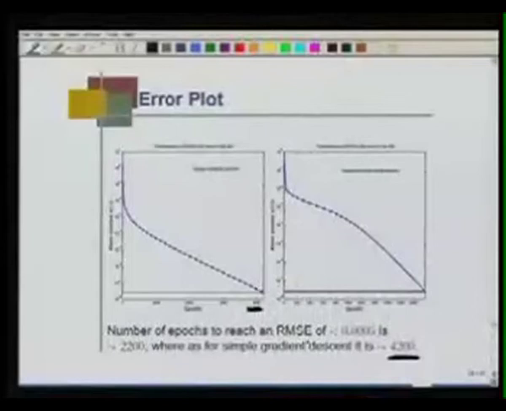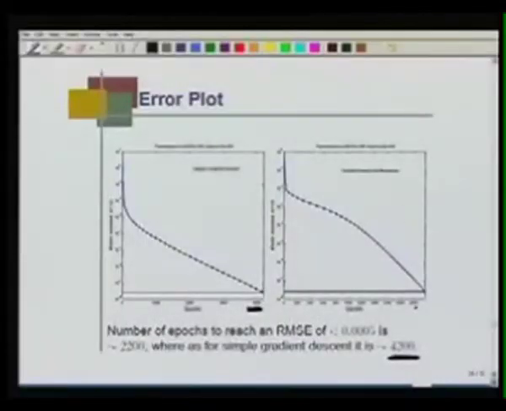That is, until my RMS error is less than 0.0005, and for reaching the same termination condition with the momentum, I require only 2200. So, almost half. By adding a momentum, I could reduce the number of training iterations by half.